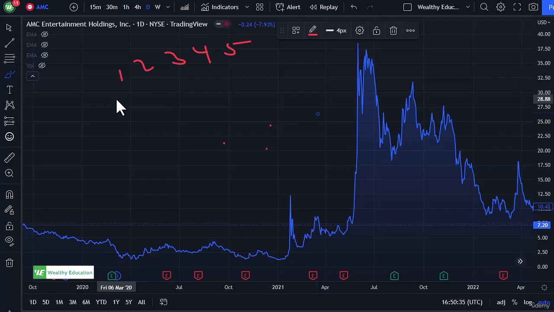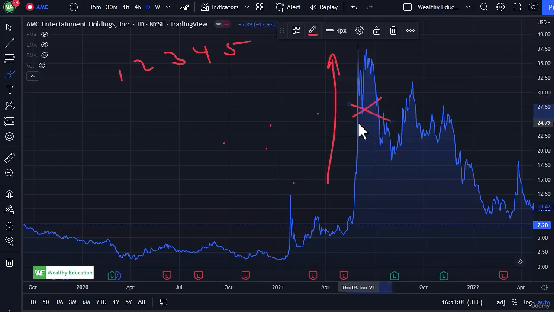Another thing to overcome greed is a lot of times when you are in a big move. So, say you were in this big AMC move, somewhere along the line, you have to set stop loss orders. You should have one going in, but if you have seen this type of move, you have to decide that somewhere you're willing to get out and take profit.